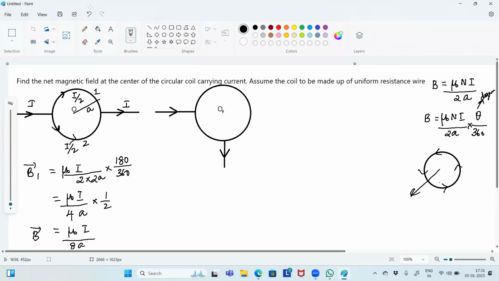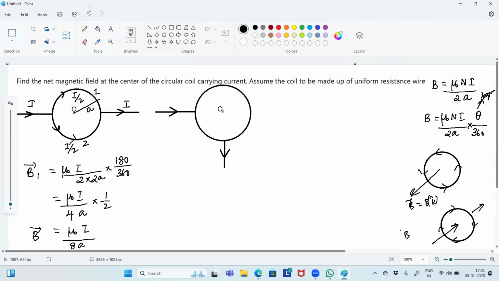You can use the right hand screw rule, or just learn directly that for anti-clockwise current the magnetic field is out of the paper, which is taken as k cap. So if the current is clockwise, the field will be in the opposite direction, that is into the paper. For clockwise current, the field is into the paper.